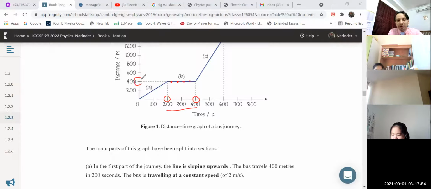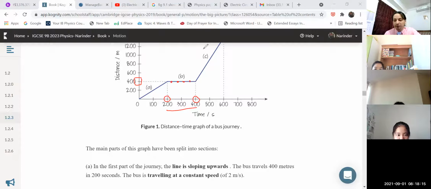What is the same distance? This is 400 meters. So what can I conclude from this time interval of 200 to 400 seconds? When the line is a flat horizontal line, children, in a distance time graph, yeah, Yon Kim, any idea?